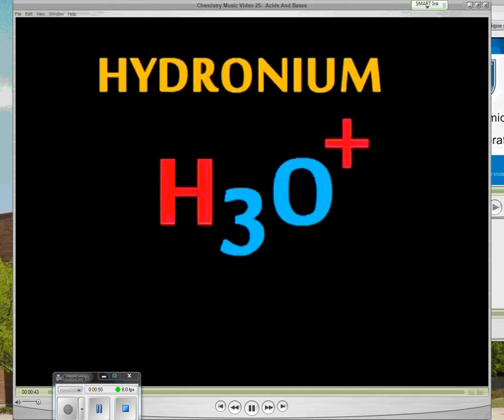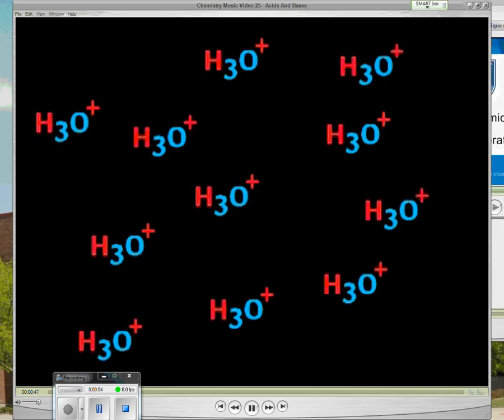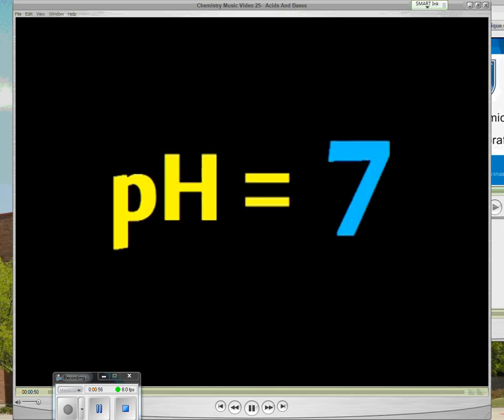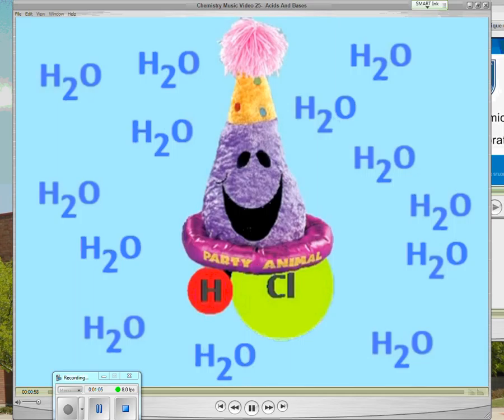Hydronium's the word. The more hydroniums there are, the lower pH gets. All because the silly acid had to go get wet.